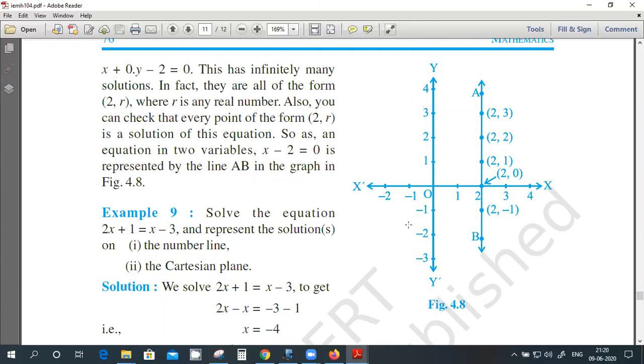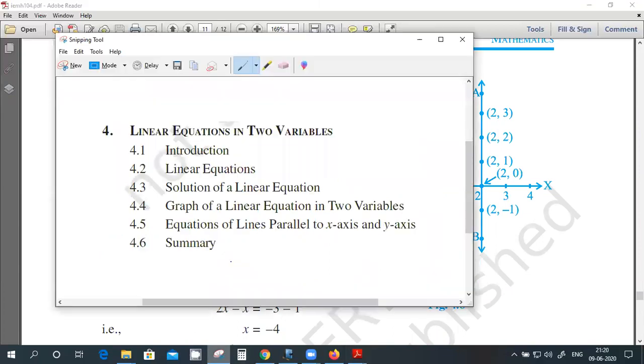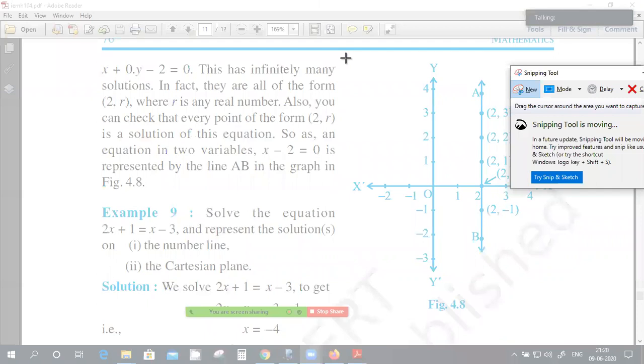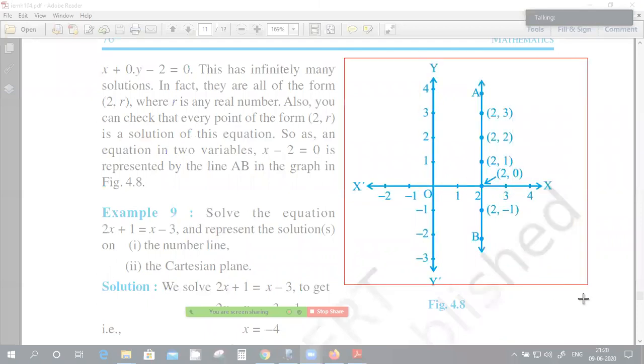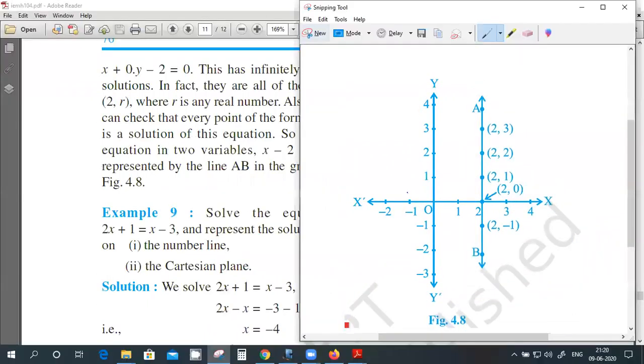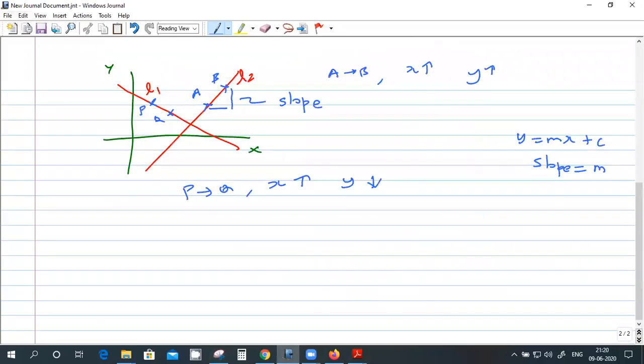Now we draw a horizontal line passing through 1. Okay, we can do that.